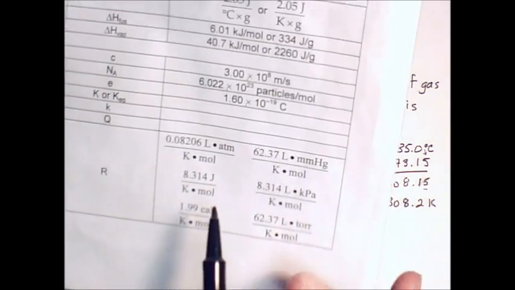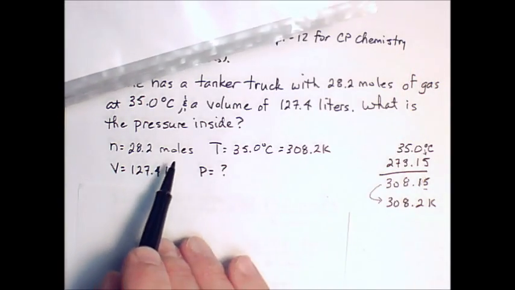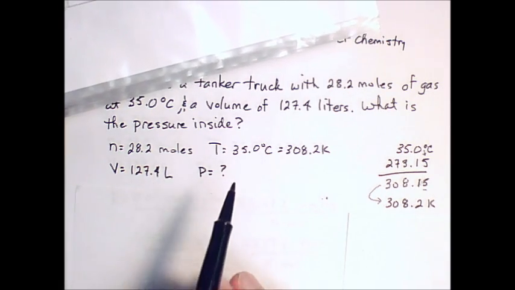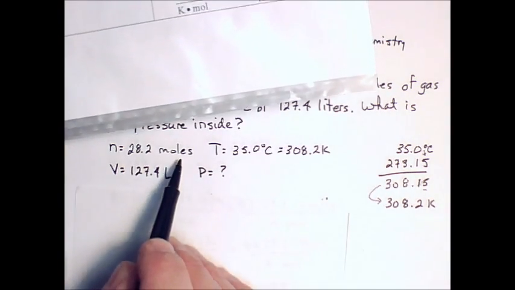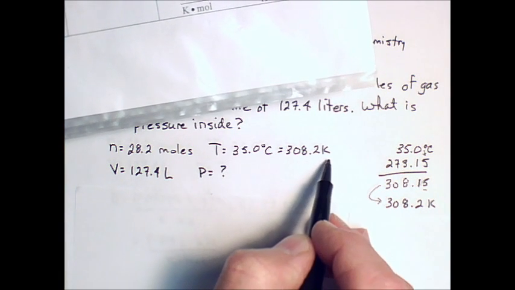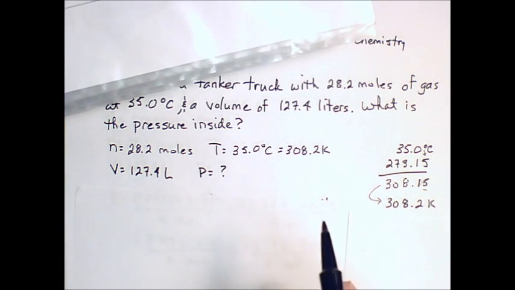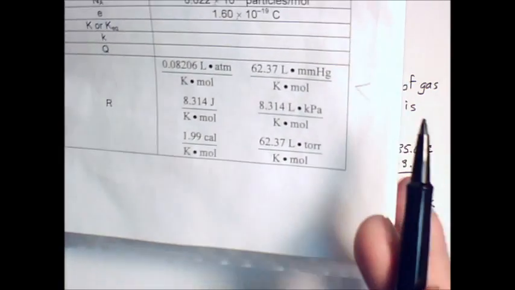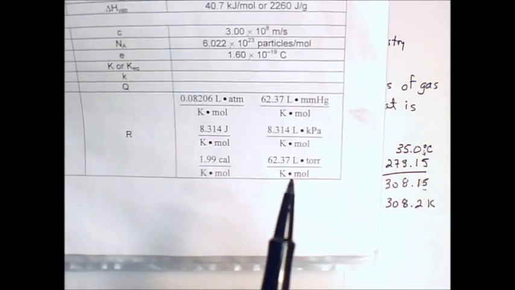What you have to do is figure out which version of R you need to use. So we need to find a version of R that has the same units of measurement as the problem. We've got moles, Kelvin temperature, and liters. So what we need is a version of R that has moles, Kelvin, and liters. Well, we have 4 different versions of R that have moles, Kelvin, and liters.